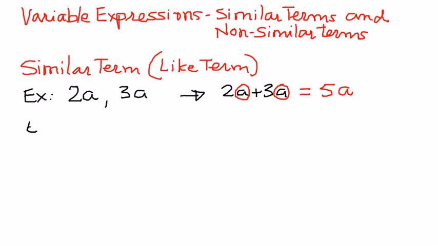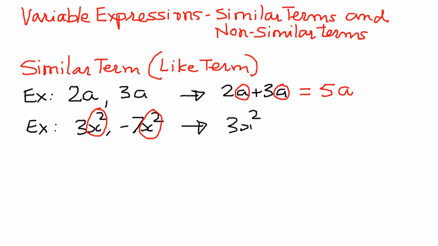This time we have 3x to the power of 2 and then minus 7x to the power of 2. In here, x to the power of 2 is the variable term, and it is the same for these two terms. So we have 3x to the power of 2 minus 7x to the power of 2.